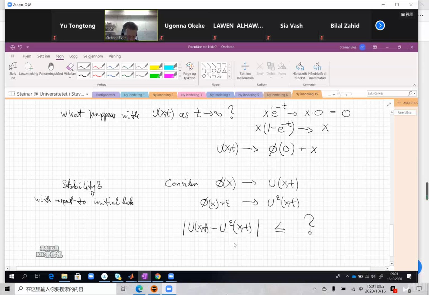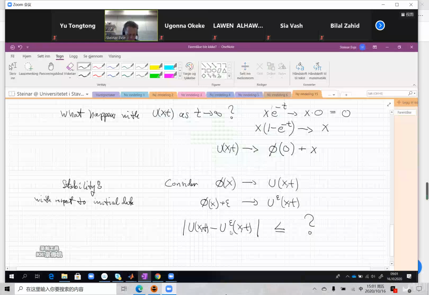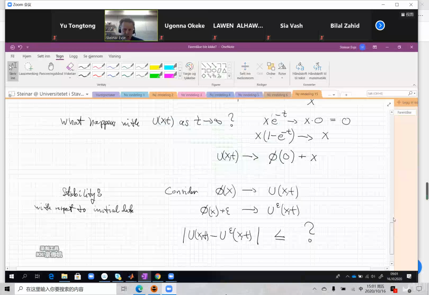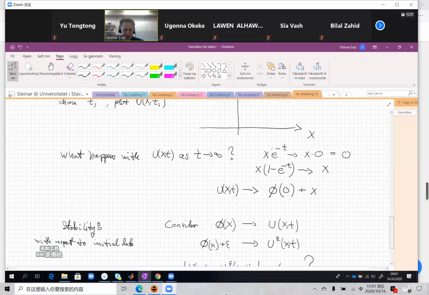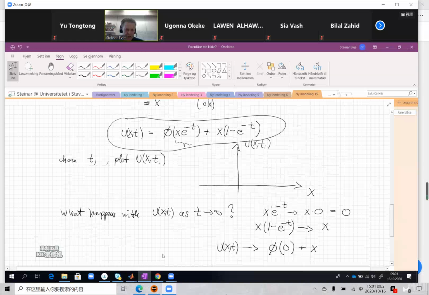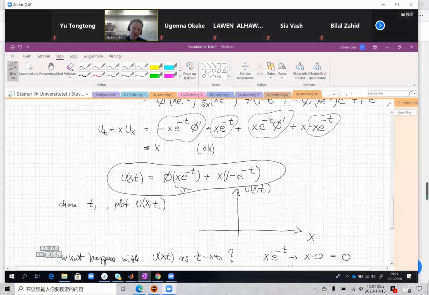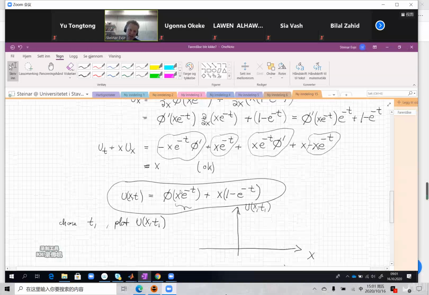More precisely, if we make the difference with respect to initial data small enough, if we make this epsilon small enough, can we control how far away these two solutions are from each other? That will be a study of the stability properties. But what we have studied here is the behavior of the solution itself. So this is not directly related to stability.